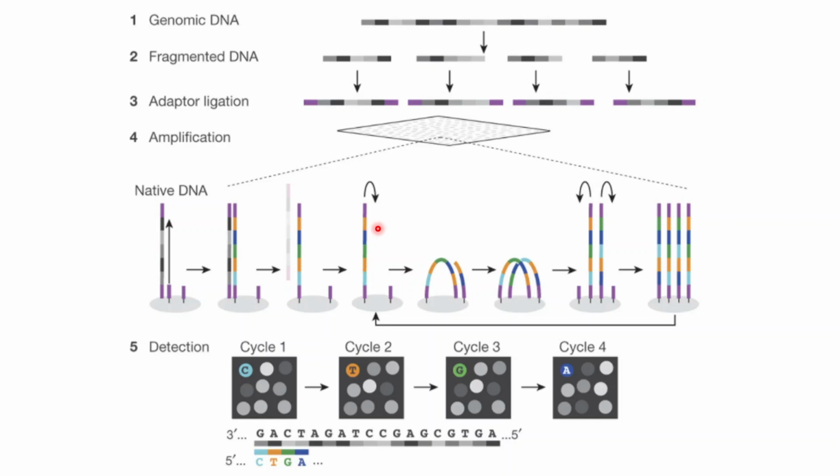So in this case, once the insert has been generated, the other adapter sequence is complementary to the adapter 2 that is present here, right. Because of the complementarity, this insert bends down and finds itself bound to adapter 2. So another insert will start generating in the opposite direction.